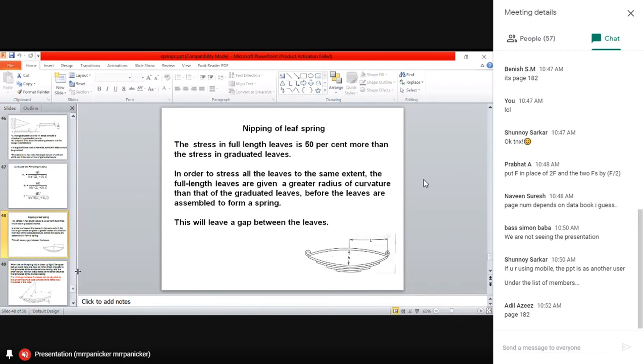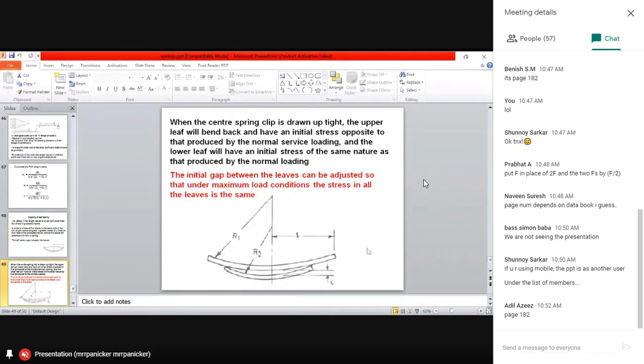For that, in order to stress all the leaves to the same extent, the full length leaves are given a greater radius of curvature than that of graduated leaves before the leaves are assembled. That is also very important, before the leaves are assembled. So this will leave a gap between the leaves, and that gap is being shown.